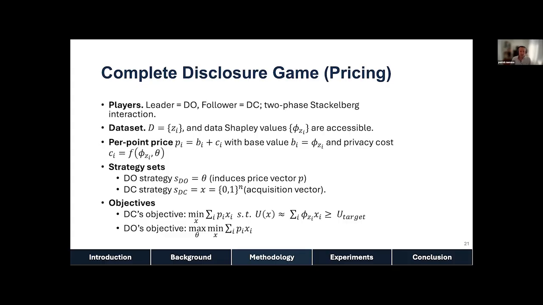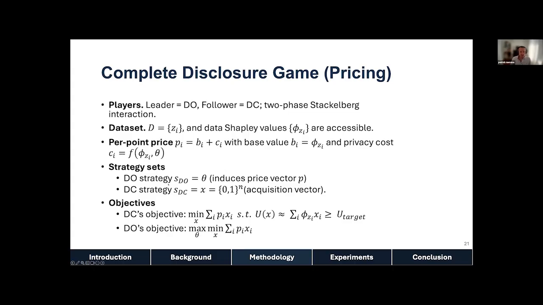What we did is we defined a price per point that is equal to the base price, for which we picked the Shapley values, plus some cost that is a function of the Shapley value, but also a parameter that the data owner needs to decide on.